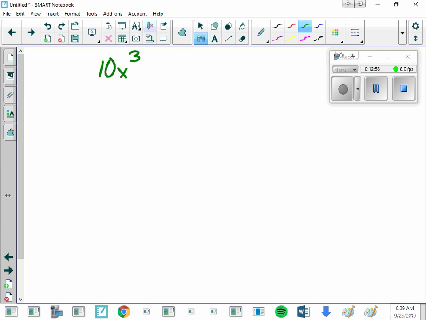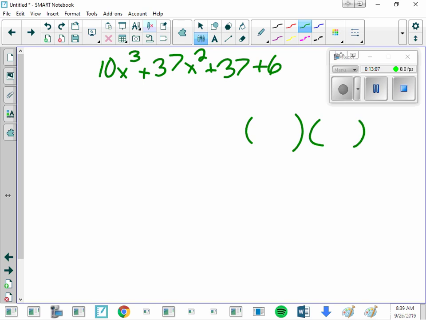10x to the third plus 37x squared plus 37x plus 6. And one of the factors is 5x plus 1. What does that 10 do to the problem?